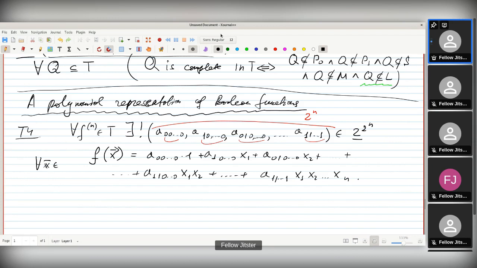How can we prove it? In fact, a formal proof requires some work, but the main idea is as follows.